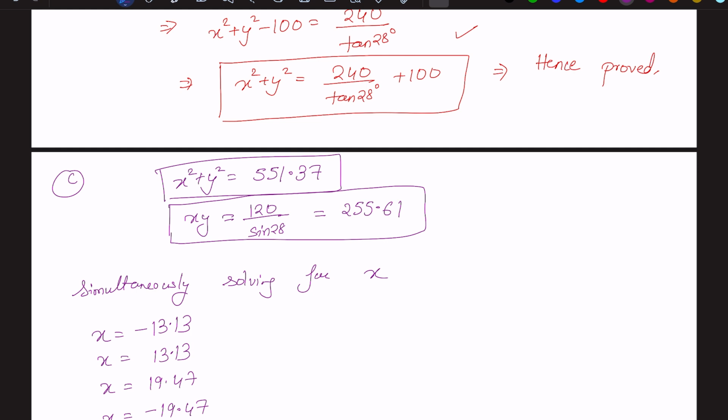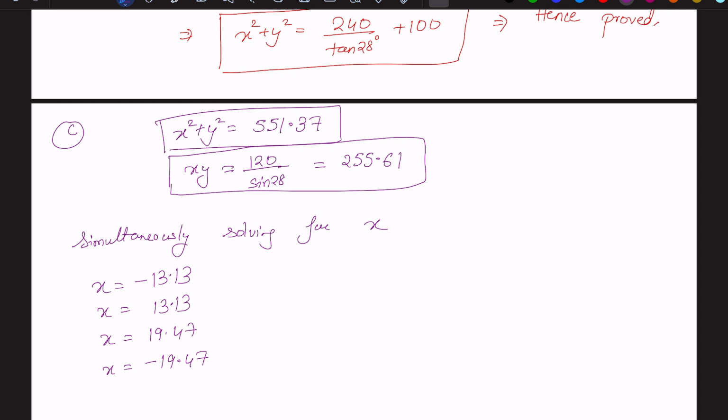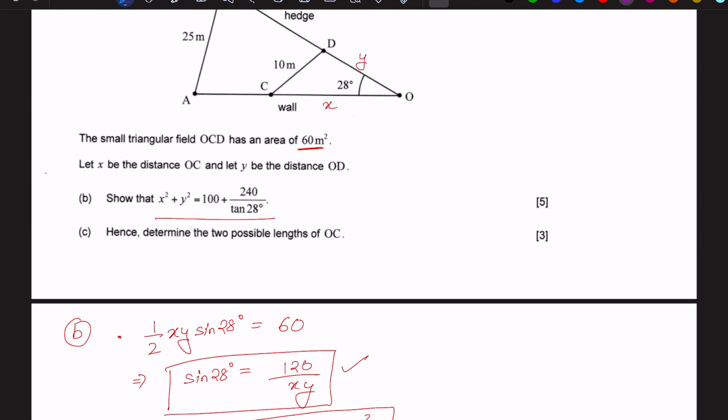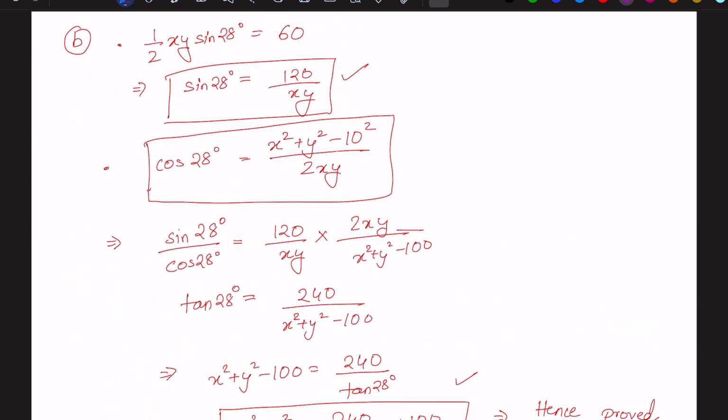Now as here we are using lengths, I'll ignore the negative values, as lengths can't be negative. We can say the only possible values of OC, which is x, are 13.13 and 19.47 meters. So these would be the two possible values of OC, which is basically your x.